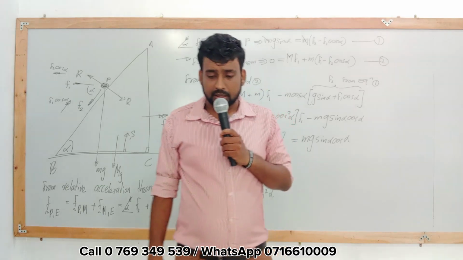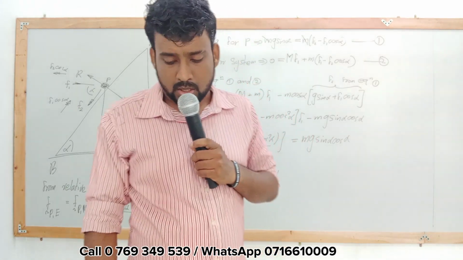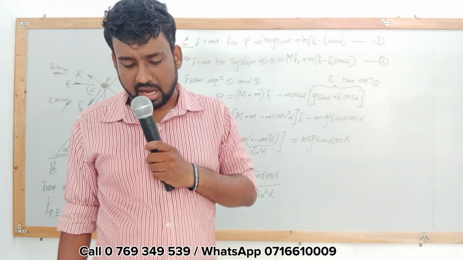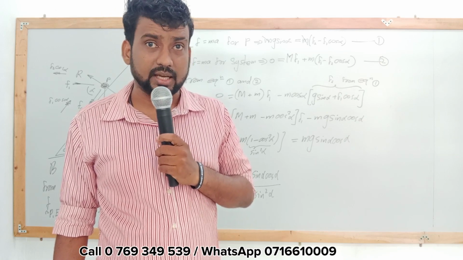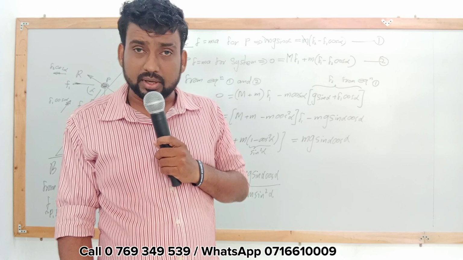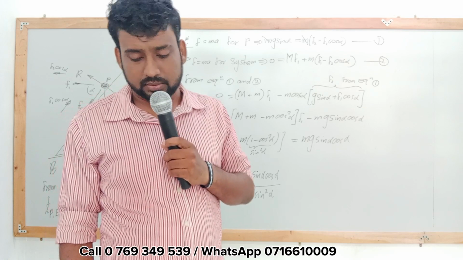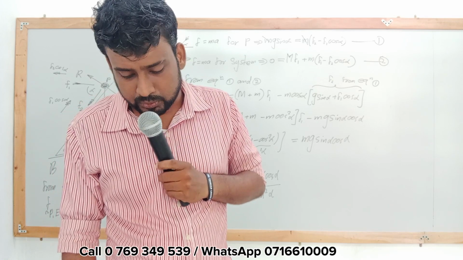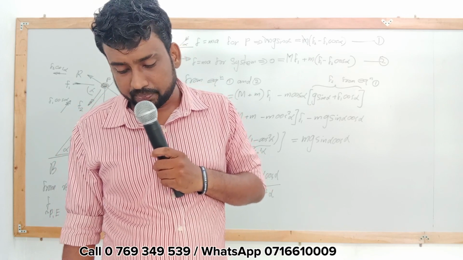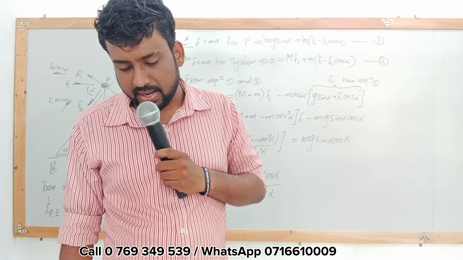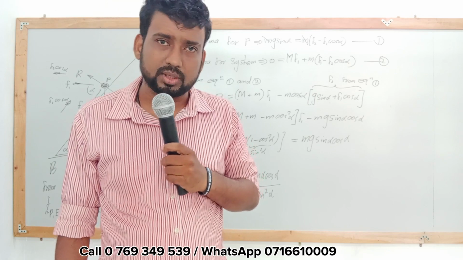Okay. Next one. Now suppose that alpha is given as pi by 4, that is 45 degrees, and capital M is given as 5m divided by 2. So that the speed of the wedge at the instant when the particle leaves the wedge is this one.